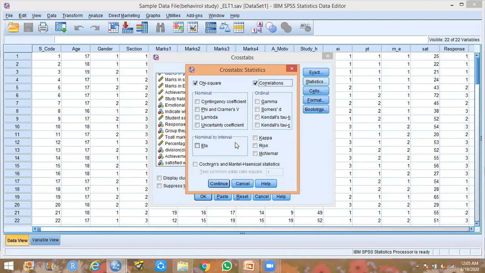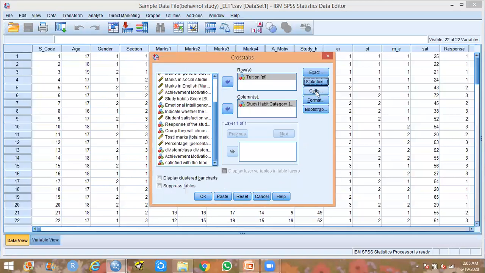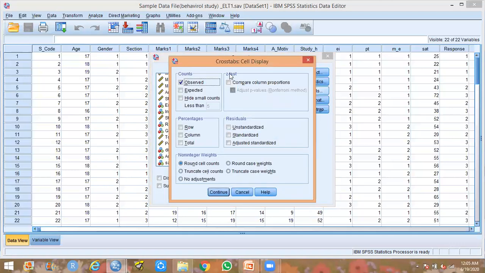Now our interest is to test whether there is any relationship between these two. Just continue, then come to cells, then you can have a look here please.